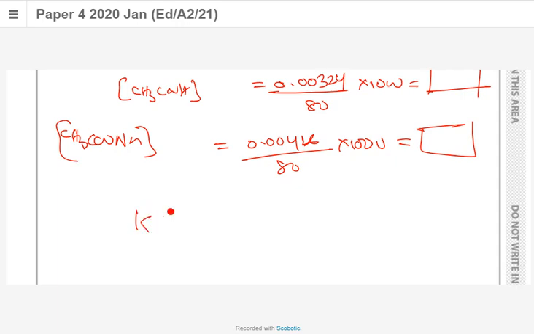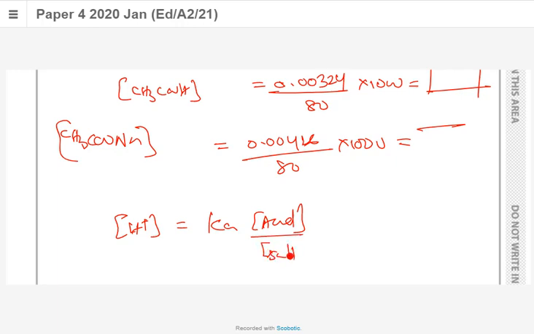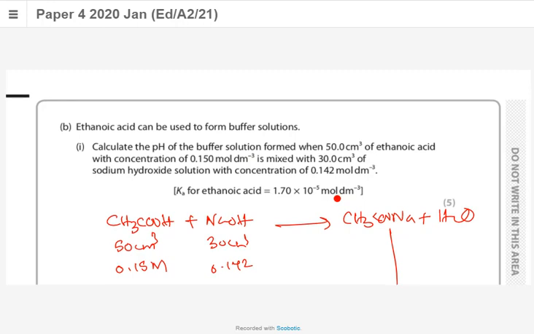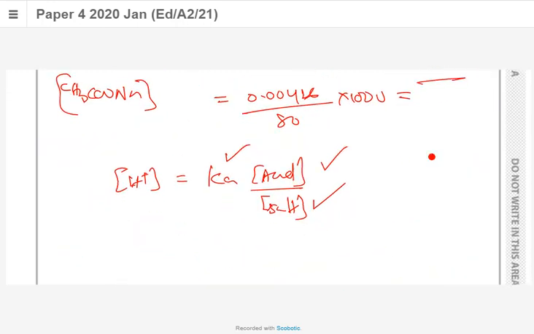So you can use the H+ equation to find the pH for a buffer: H+ equals Ka times acid over salt. The acid concentration we just found, the salt we found, and the Ka of ethanoic acid is given. Have they given it? Yes, ethanoic Ka is given. You can find H+, then you can work out the pH.